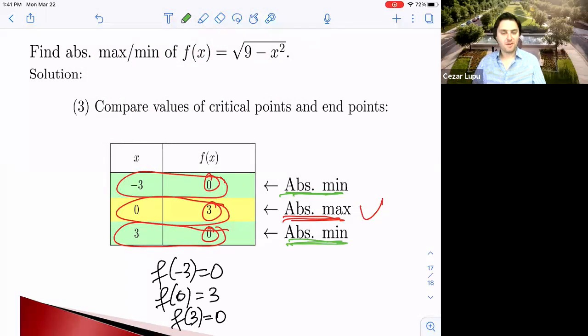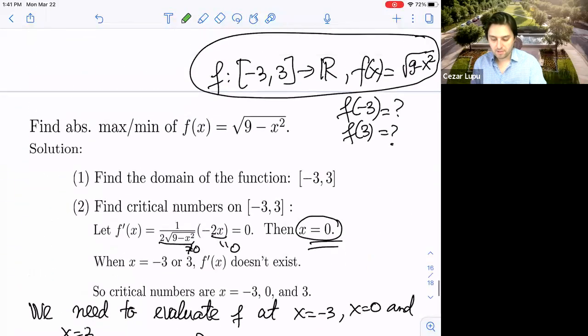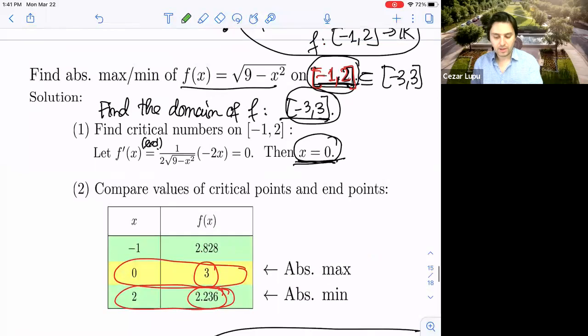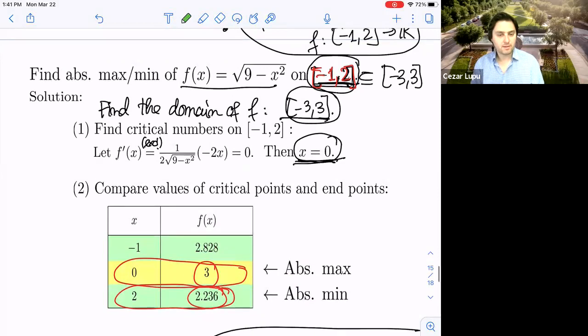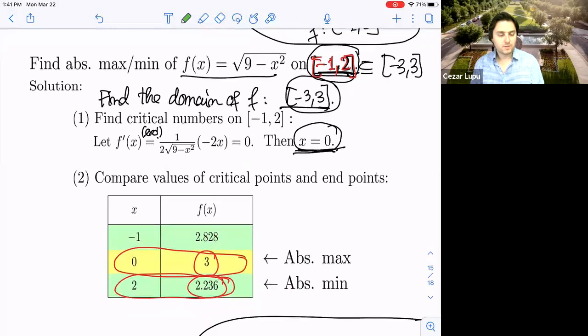See, we took the same function, f of x equals the square root of 9 minus x squared. But you have seen that if we restrict this to a certain interval, which in our case was negative 2, 1, right? We go back here, something happens. We get only an absolute max and an absolute min.